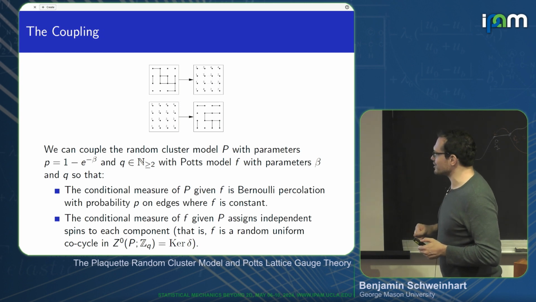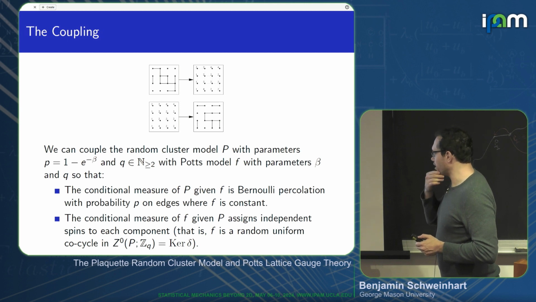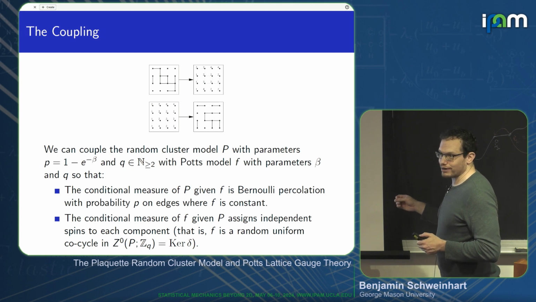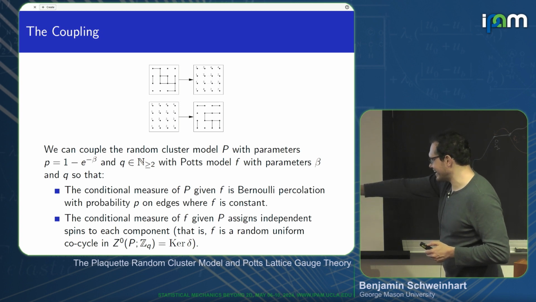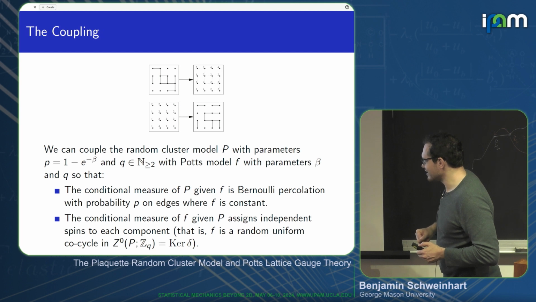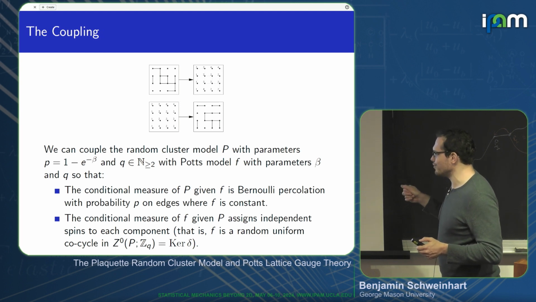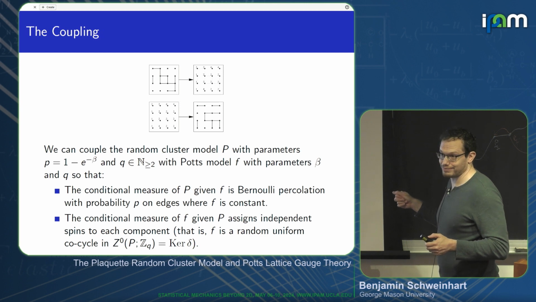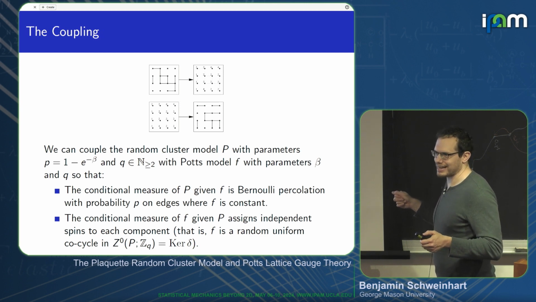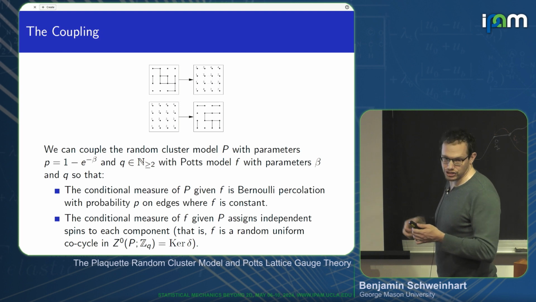And the conditional measure of our spins given our random cluster model is assigning independent spins to each component. If you've gotten a little ahead of me on the cochains, I'm going to define cocycles for you later. This is just a uniform random cocycle. That's the same as assigning independent spins to each component.